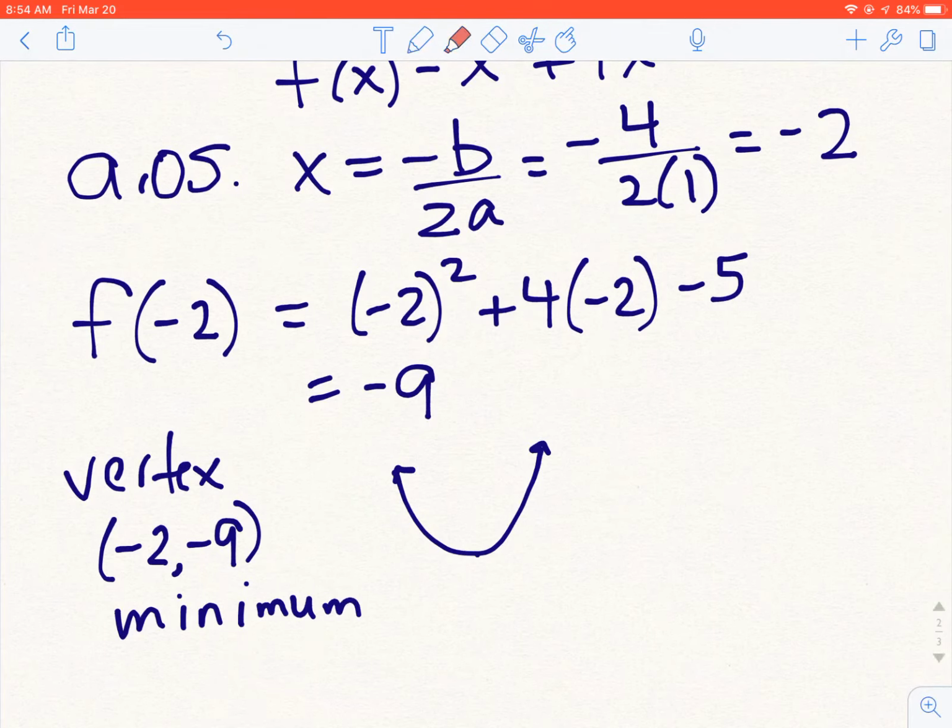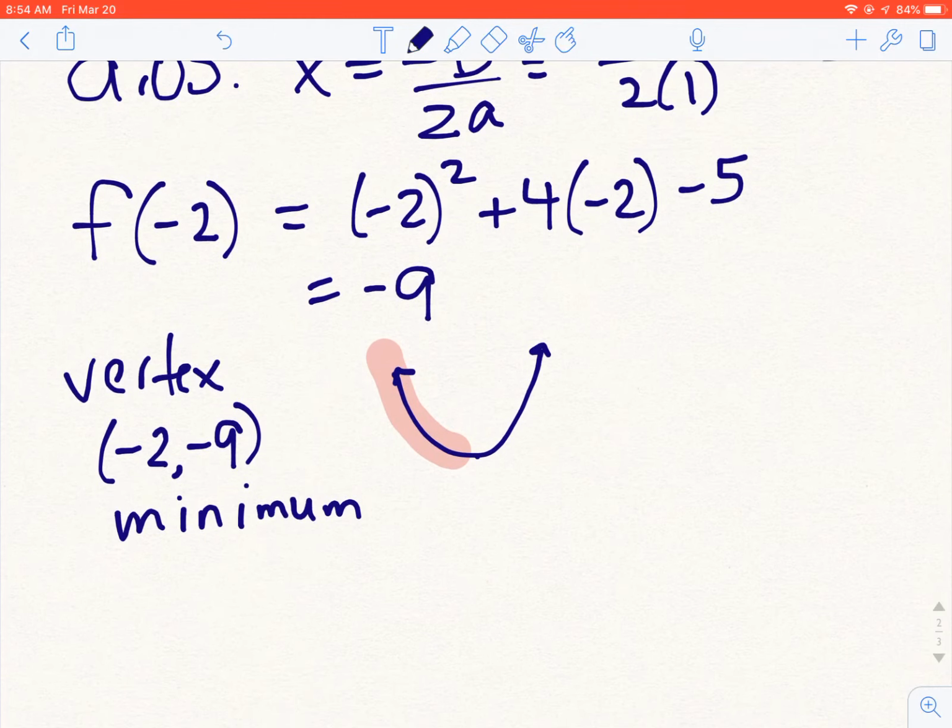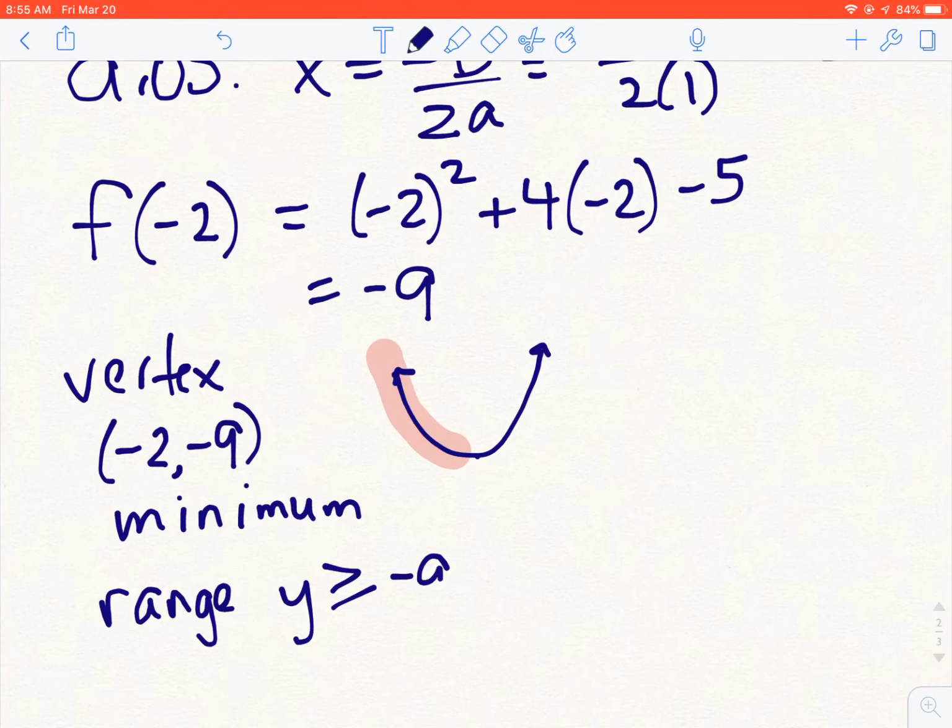And so now when I look at this side, oh, we're supposed to do range. Sorry. So the range is now going to be y is greater than or equal to the y value, which is negative 9. And now I can go back to the part I was doing. The left side of the parabola now is the decreasing side, and the right part of the parabola is the increasing side.